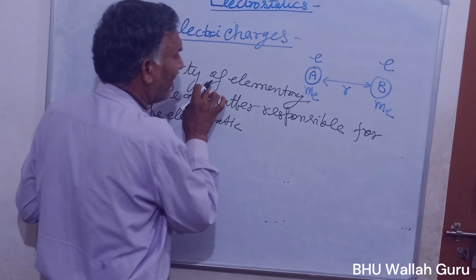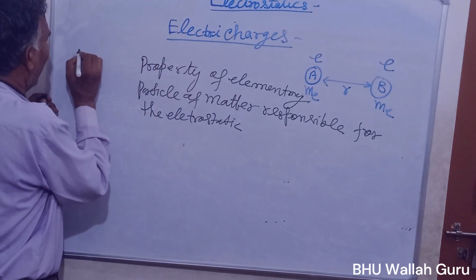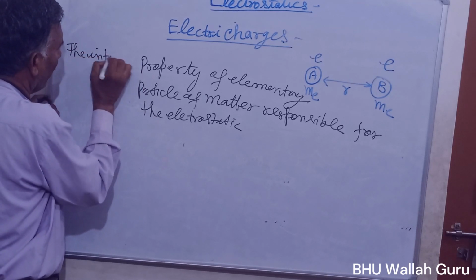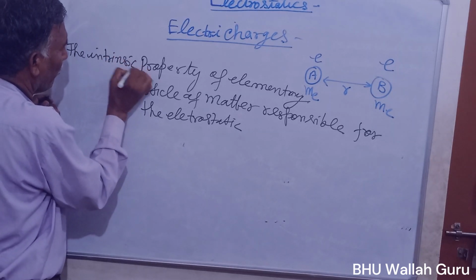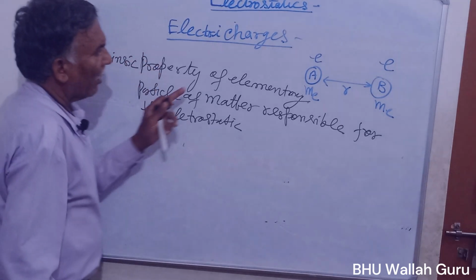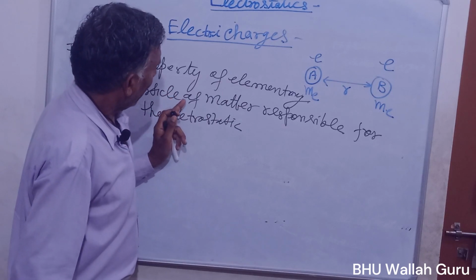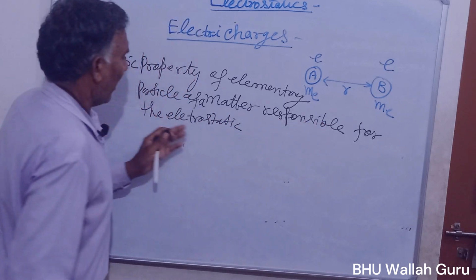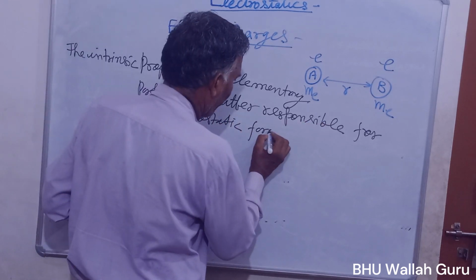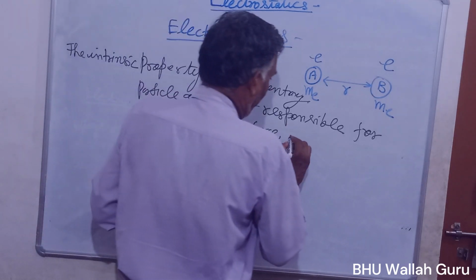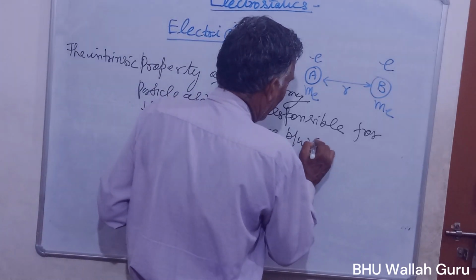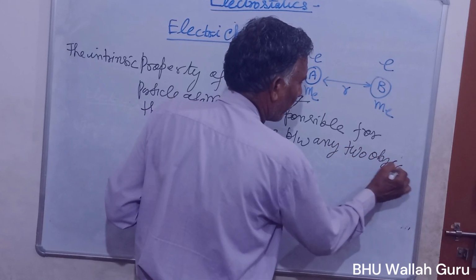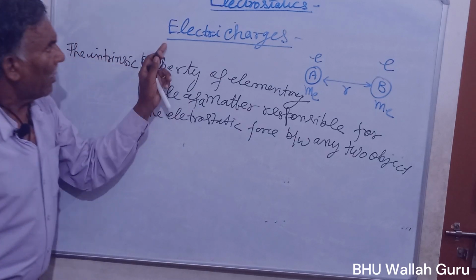This property is the intrinsic property. So we can write: the intrinsic property of an elementary particle of matter responsible for the electrostatic force between any two objects is called electric charge.